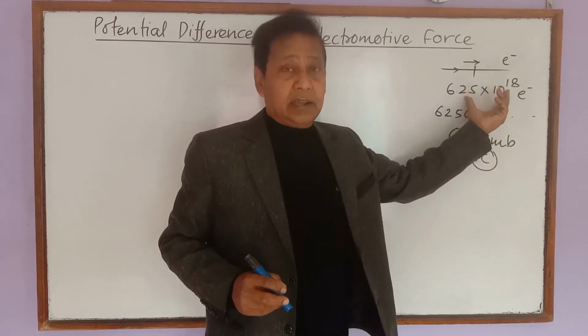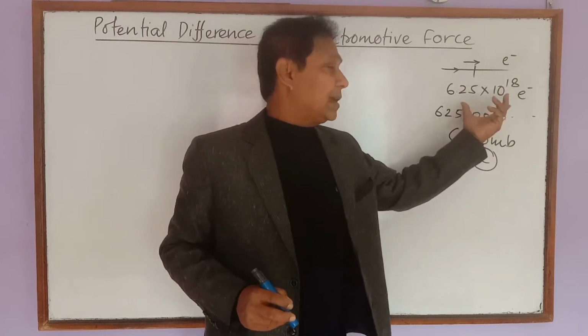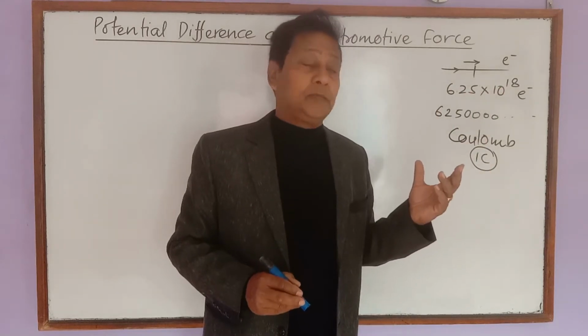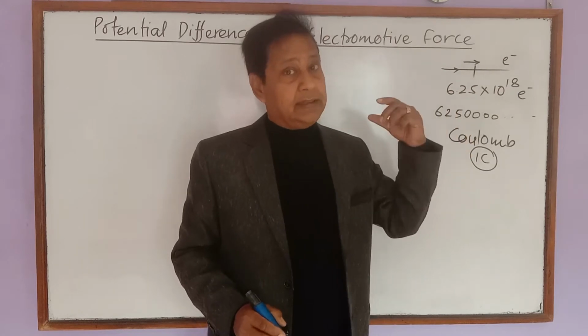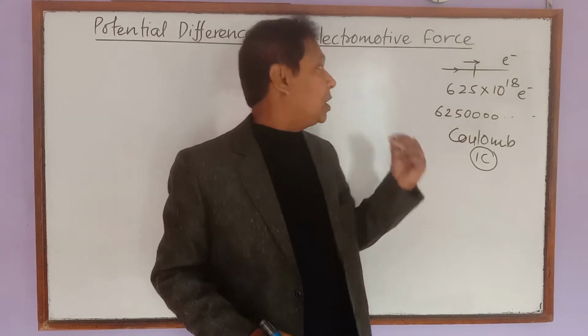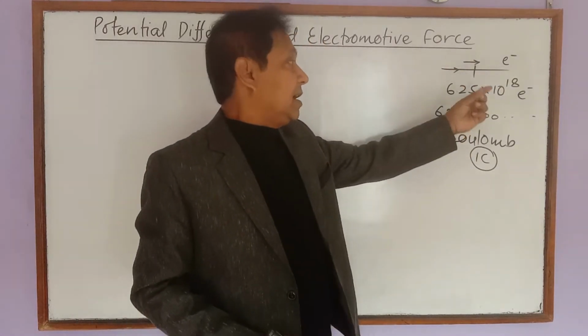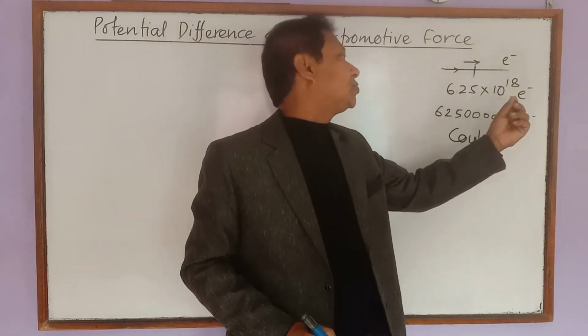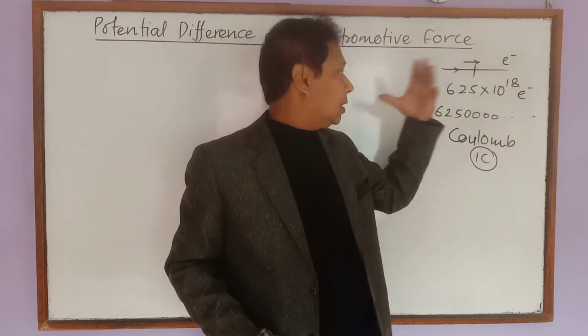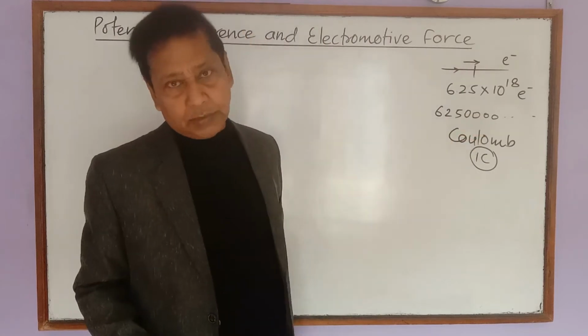This is negative charge, but the same number of protons contains 1 coulomb of positive charge. But we are concerned with electric current, and electric current means flow of electrons. That's why we are taking electrons. Okay, this is 1 coulomb charge.